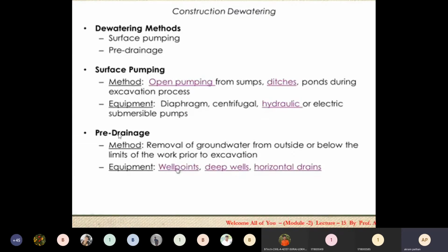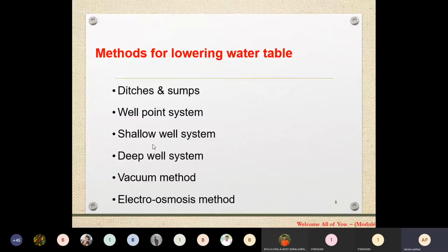Such a method is known as the pre-drainage method of dewatering. Here we require well points, deep wells, and horizontal drains, by which we can dewater the groundwater in case of pre-drainage methods.